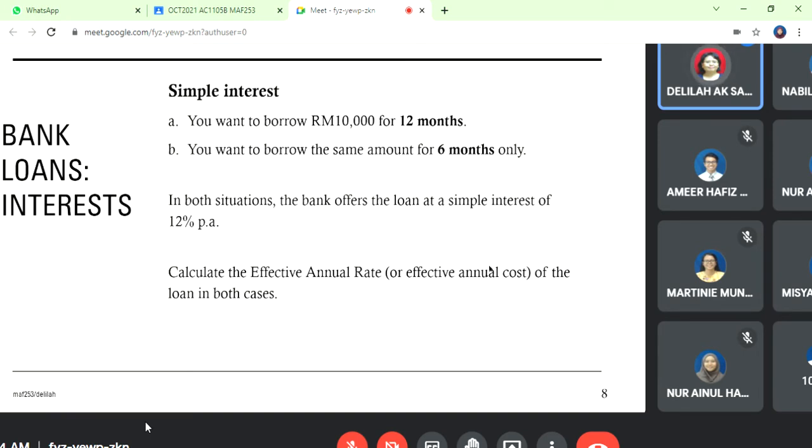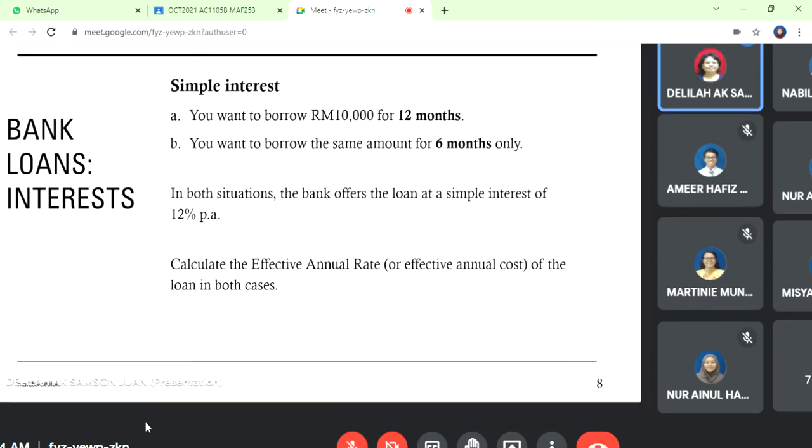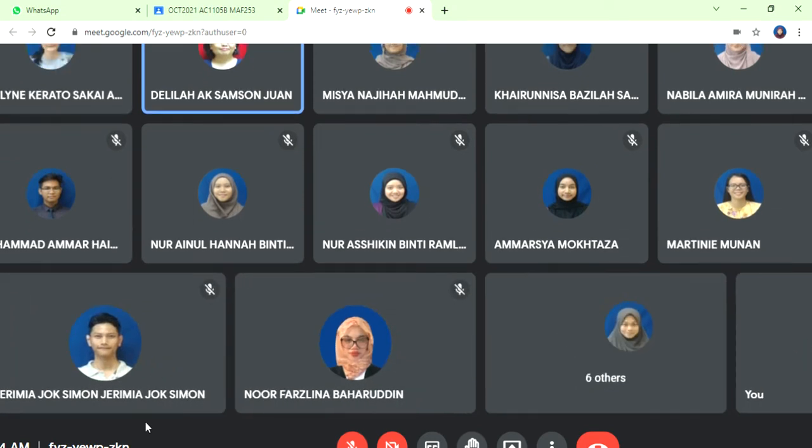I am going to switch to Microsoft Word so that we can go through the calculations. So you will look at slide number 8.